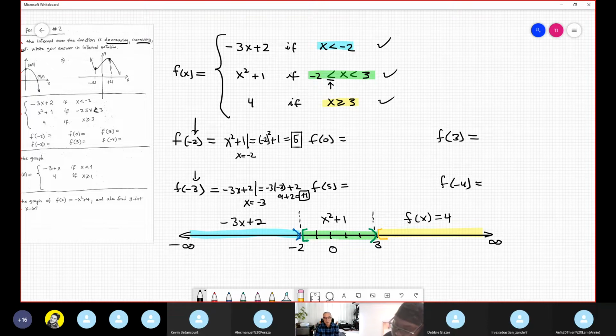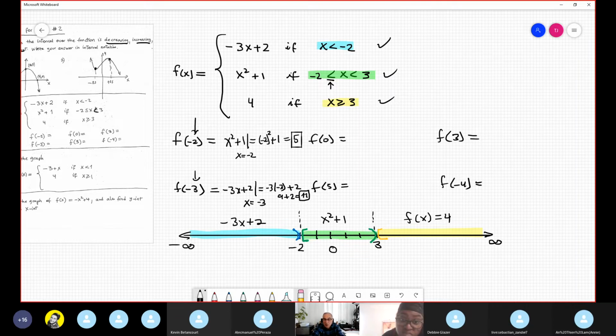0. Does 0 belong to the blue, the green, or the yellow? Another participation, not only Yasmin. Come on, guys. I have excellent students here. Angelica is super good. Juan Gomez is a super good student.